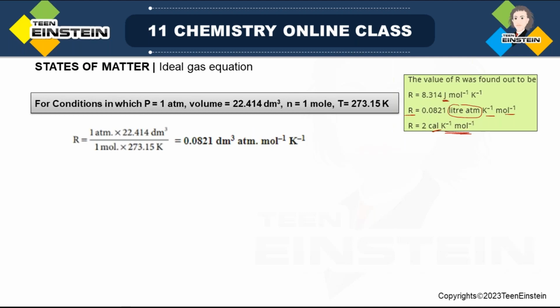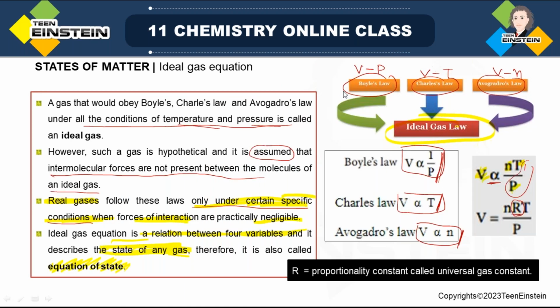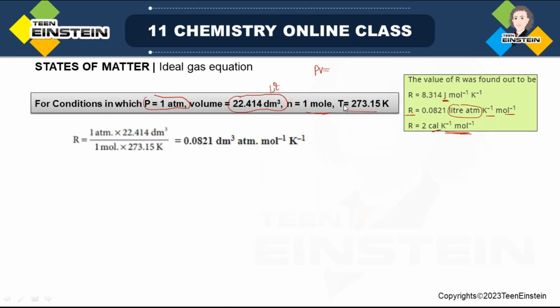Now, one by one, we will see how we get it. For conditions where pressure is 1 atmosphere, volume is 22.414 dm cube, or you can say liter, dm cube and liter are the same thing. N is 1 mole and T is 273. Under this condition, we have seen V equals nRT by P. Now V equals nRT by P means R should be equal to PV by NT.